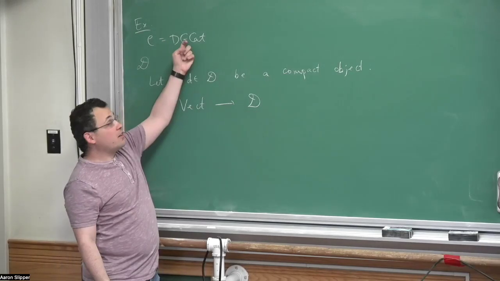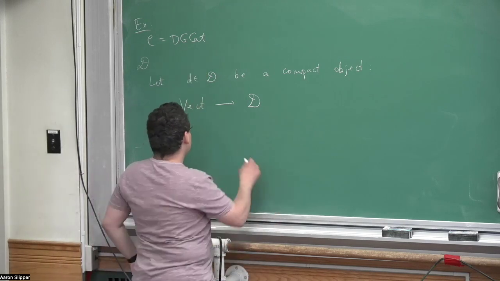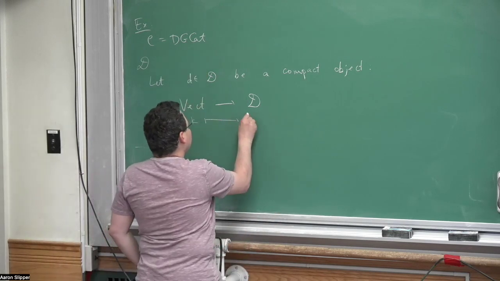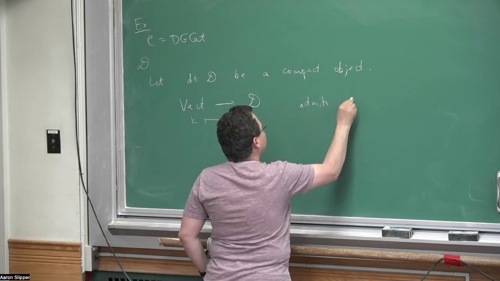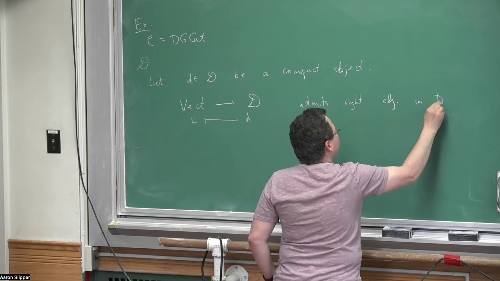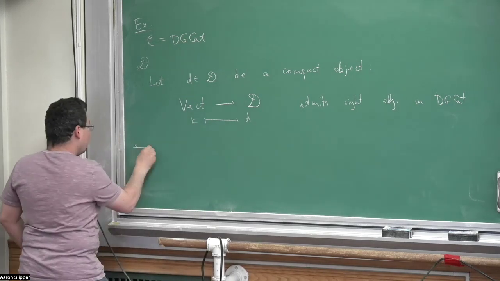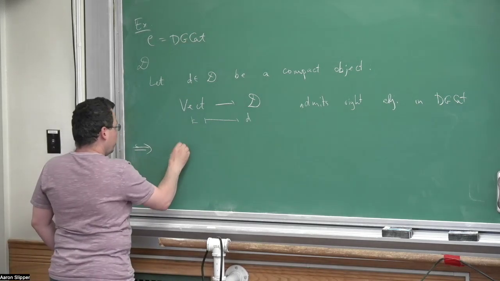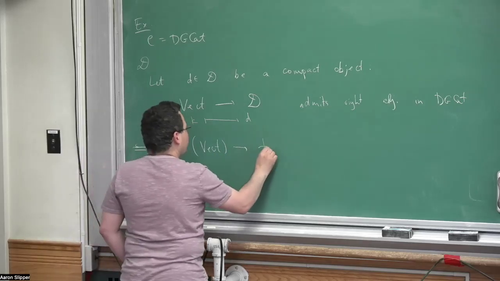In other words, it admits a right adjoint in this category. So by what I just said, this implies that I get a map from the trace of the unit to the trace of D.